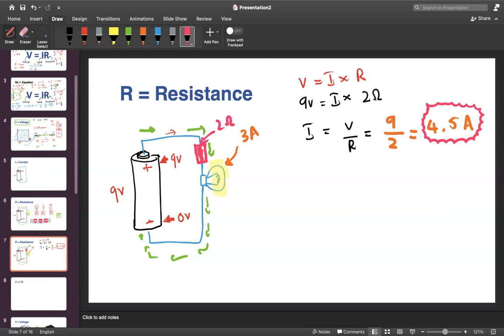Okay. So with this 2 ohms resistor, this light will burn, right? Because we are getting 4.5 amperes. Is that clear, Himal? Is that clear? Yes, sir. Right. Dulnita, do you understand that? Yes, sir.